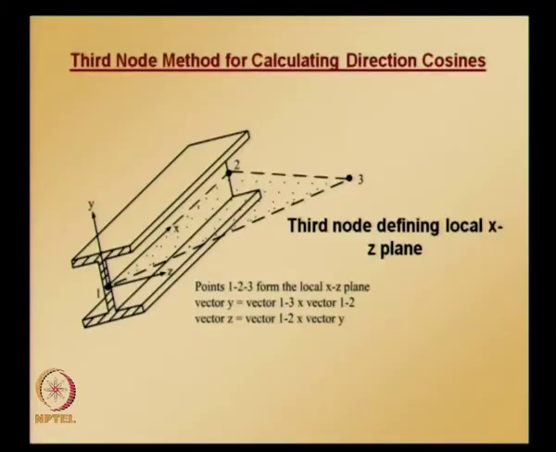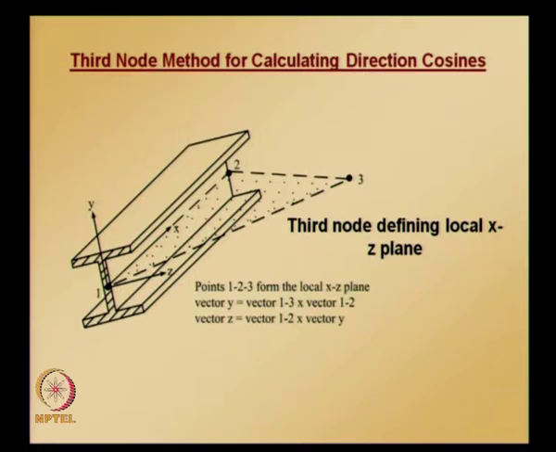So, what additional information we require is a third node to define either plane xy or xz, but we usually take one of the existing nodes in the model as third node, which will be clearer to you when we solve a problem.